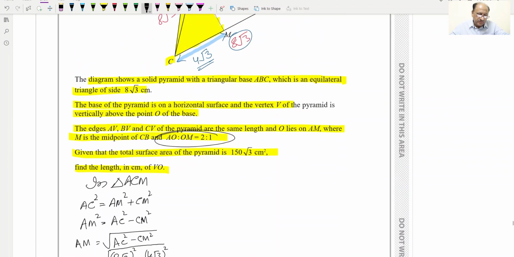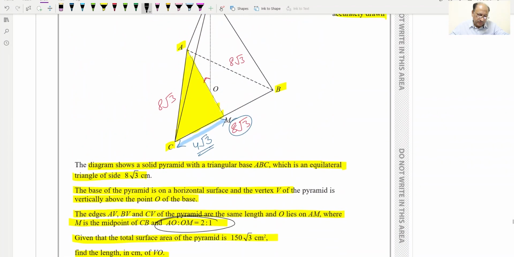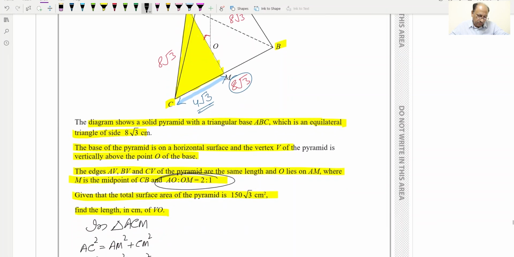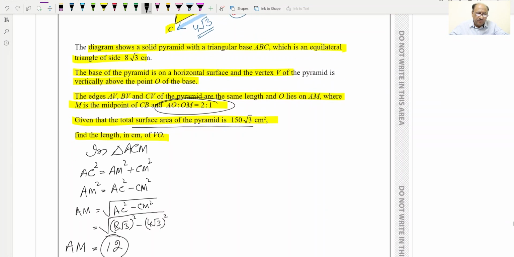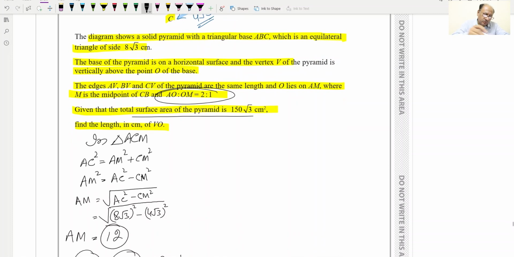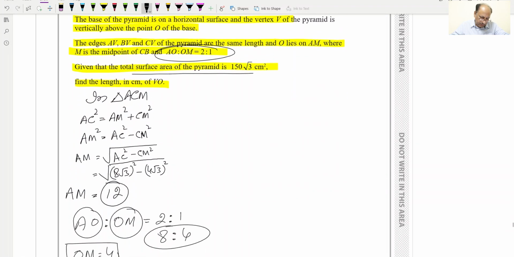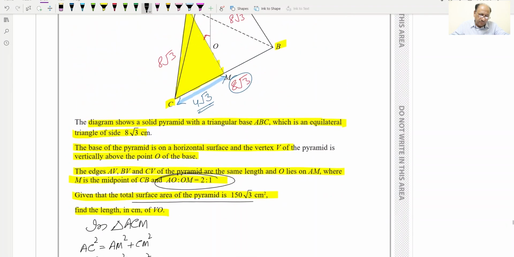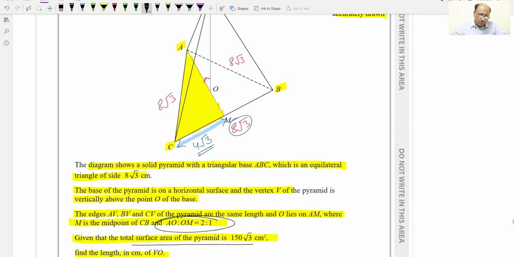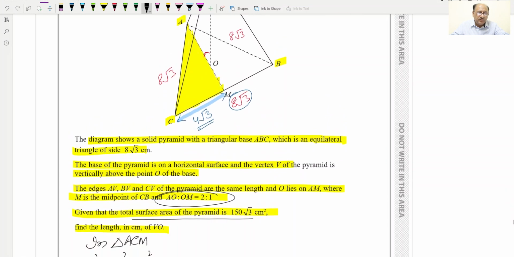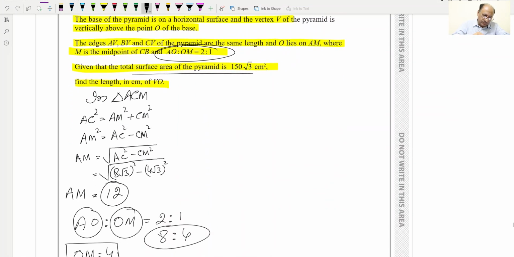Now our target is to find the total surface area of the pyramid. So the ABC area will be how much? We have two sides, and we can find the area of a triangle.